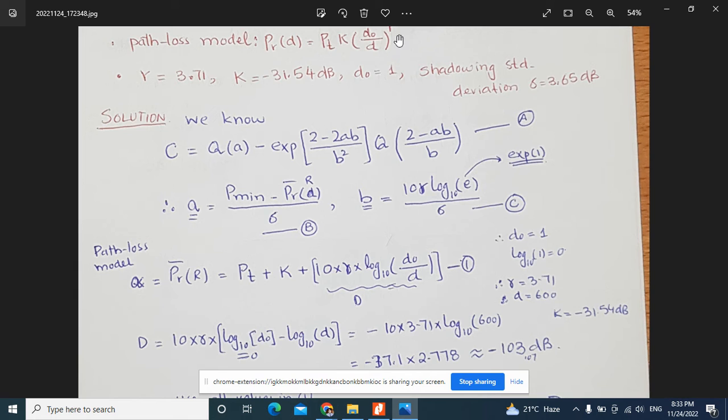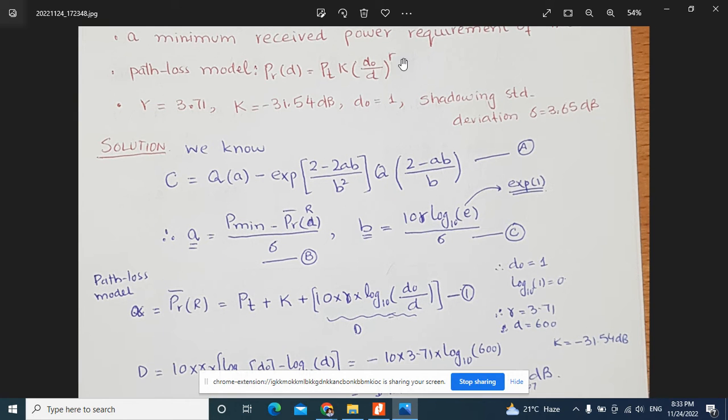If you want to write this in terms of dB, a product can always be opened with a sum sign. So Pt plus K, and then plus 10 log. This is linear, that is why 10, and then this exponential, and then log 10 of d naught divided by d.